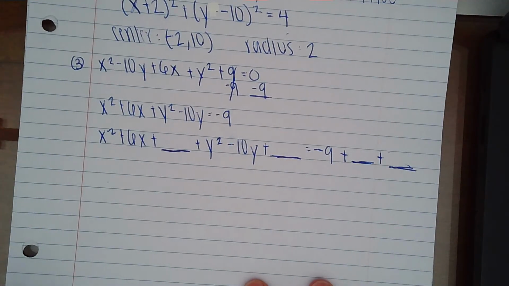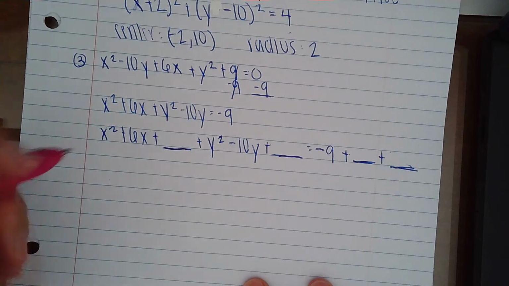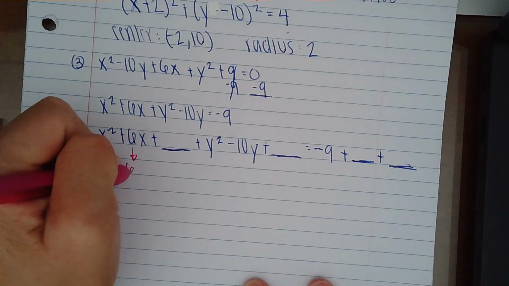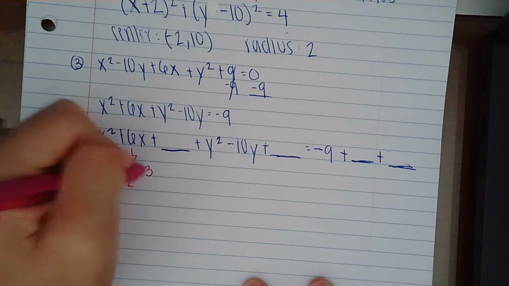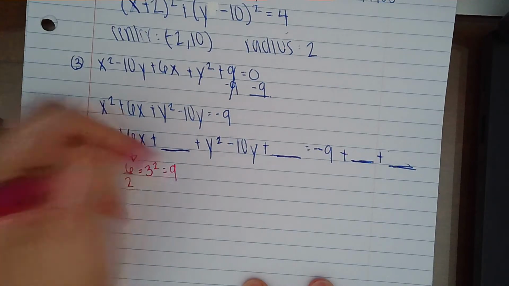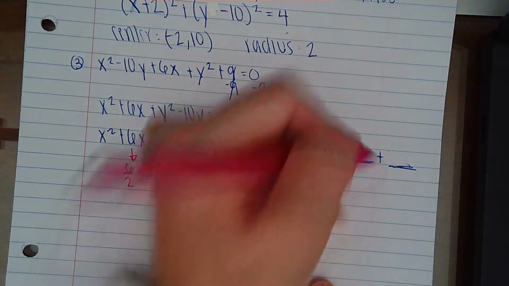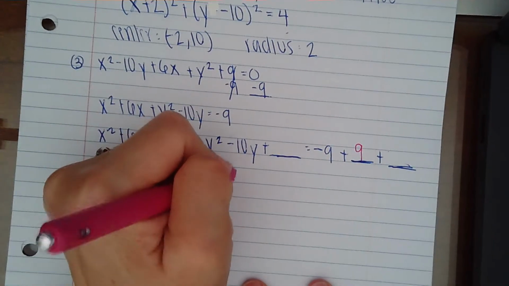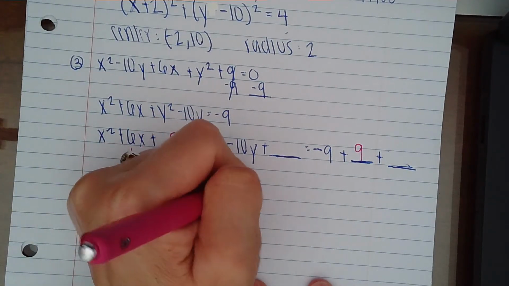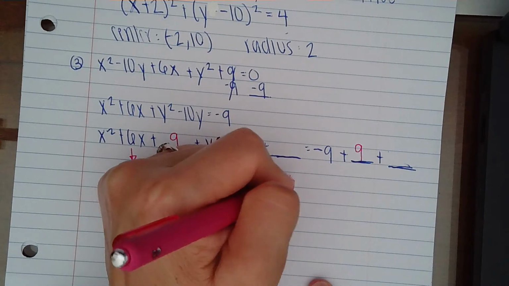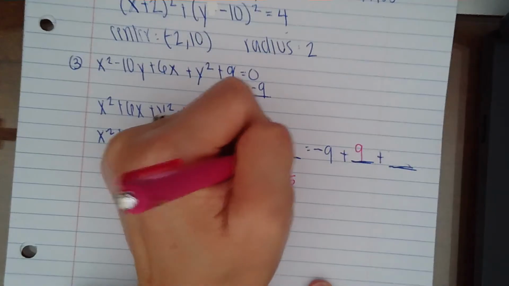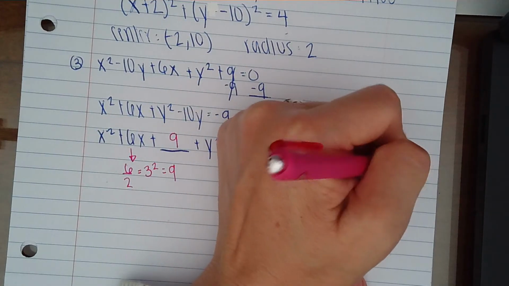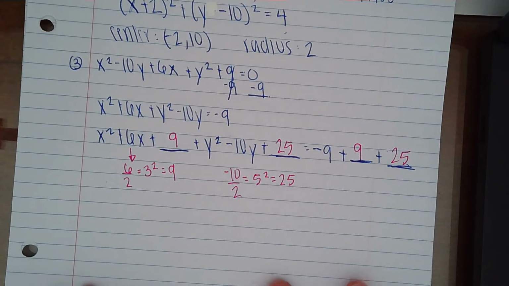And this time I'm just going to fill it in as I go. I'm going to have 6 divided by 2, which gives me 3. I'm going to square that, and that'll give me 9. So I'll put a 9 here and a 9 here. And then I'm going to take my negative 10, divide it by 2, that'll give me negative 5. I'm going to square that, and that will give me 25. So a 25 here and a 25 here.